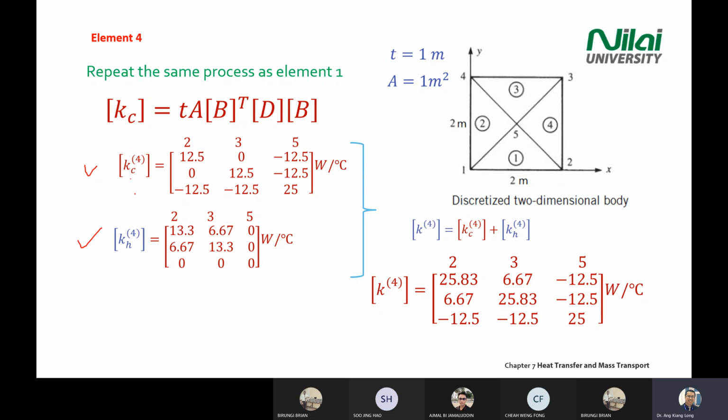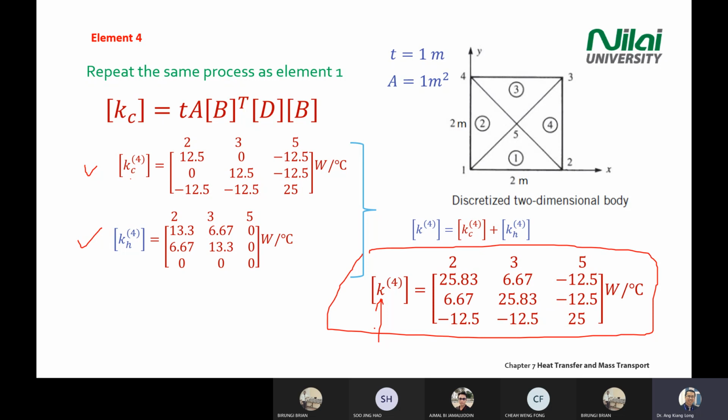There are 2 components for the K matrix, similar matrix for element 4. The one that you're seeing here is the element K matrix there. So later if you need to calculate for element 4, then you combine conduction and convection value together.